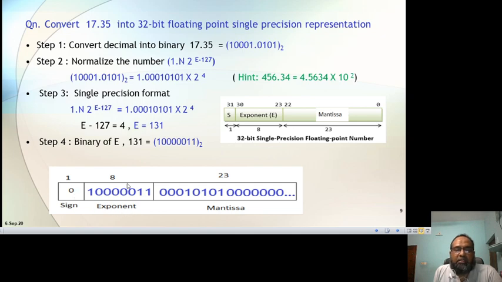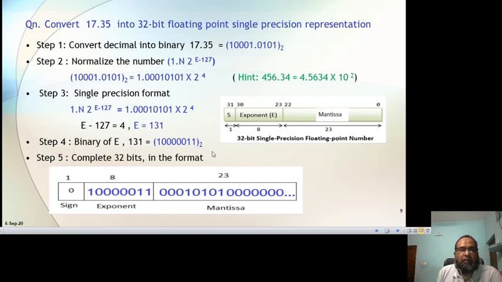Then for the exponent, instead of 4, you have to add the bias, so you keep the binary value of 131, which is 10000011. Then the mantissa is the data available after the decimal point, here 00010101. The remaining bits you pad with zeros. So you have a mantissa, an exponent and a sign.